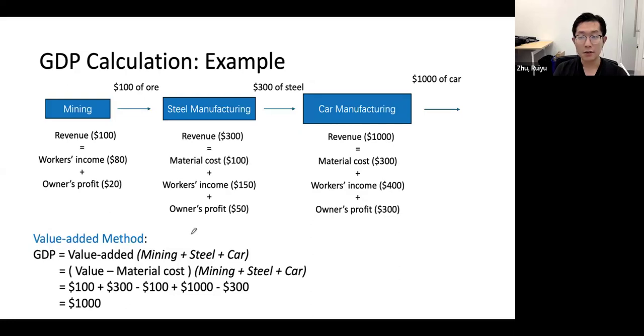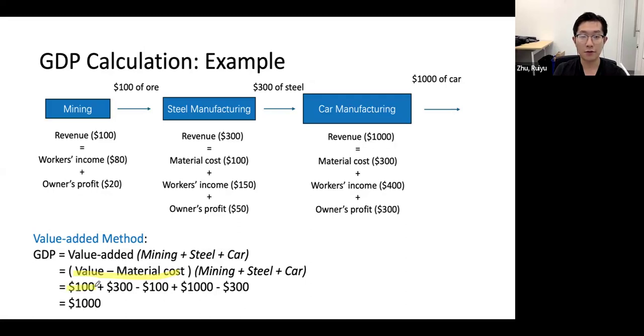So the second method is the value-added method. How does that work? Remember, we are calculating all the value added in each industry and adding them up, right? So the value added in each industry is the value produced minus the material cost. For the mining industry, there is no raw material, so all the $100 is their value added.